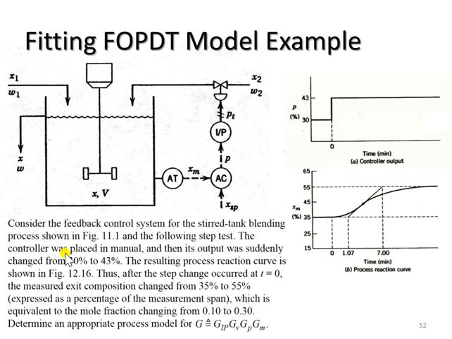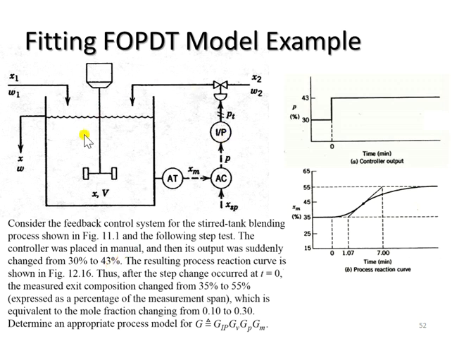The controller was placed in manual, which means it is under open loop, and then its output was suddenly changed from 30% to 43%.